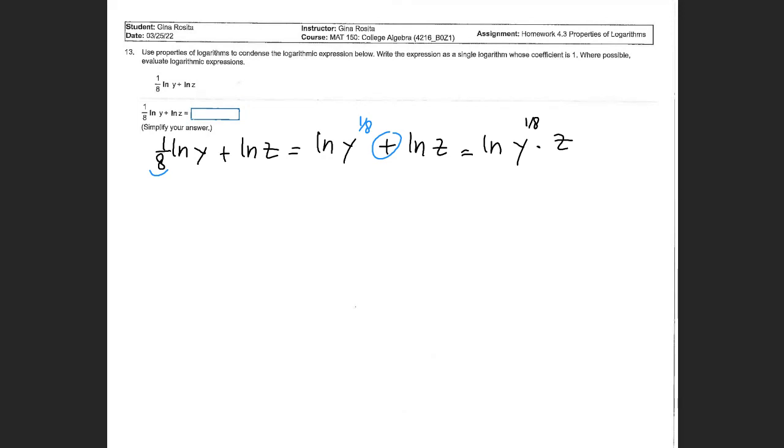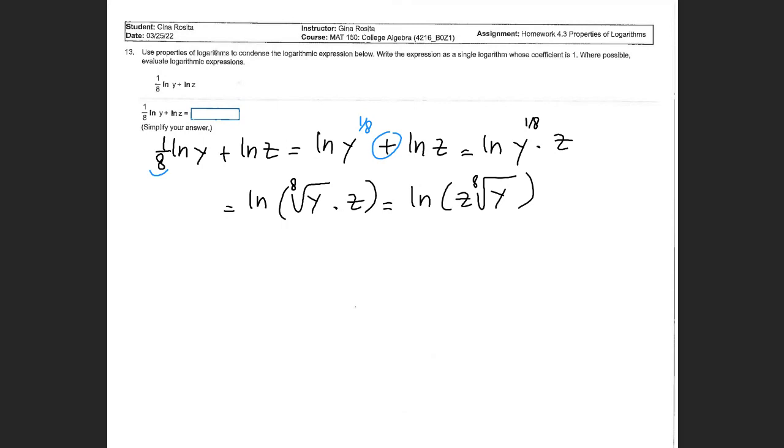Okay, so remember 1 over 8, the exponent becomes the 8th root, natural log of the 8th root of y times z. Or it is better to write it like this, natural log of z times 8th root of y. Okay, so number 13.